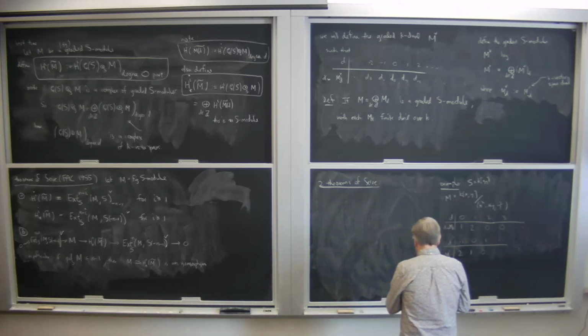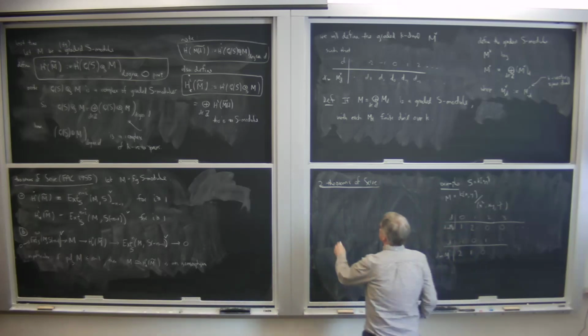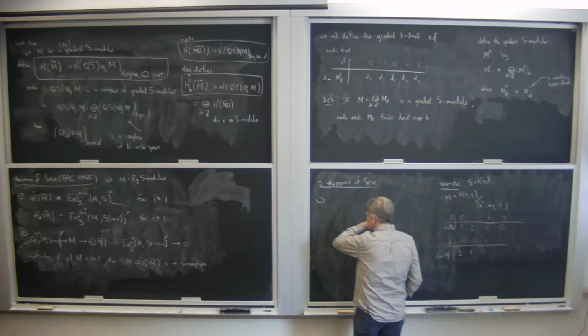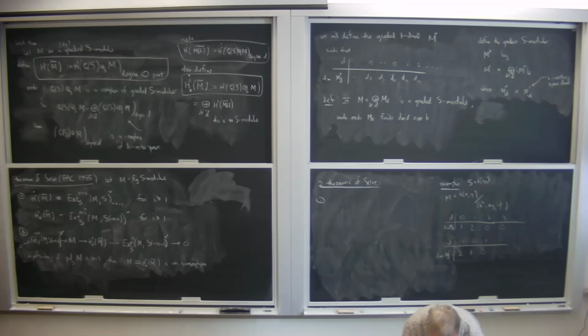Actually, they probably were. Now, what are they? Oops, I don't have them written here. So the first one, actually, how do I want to say this? I don't know where I have it.